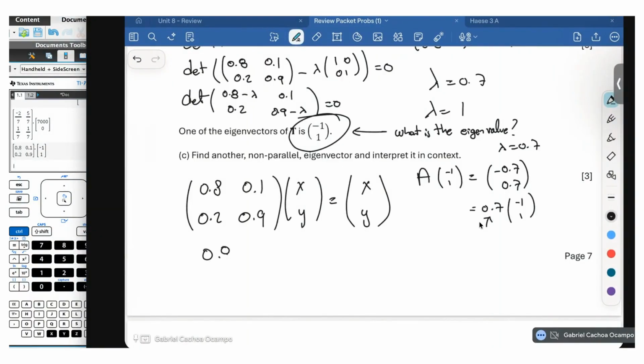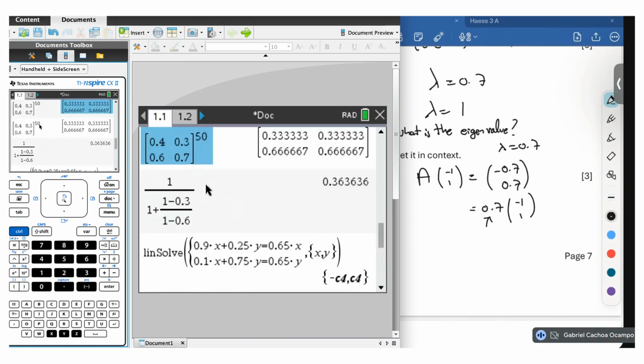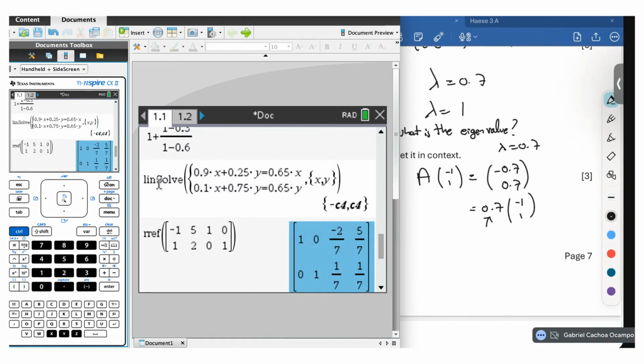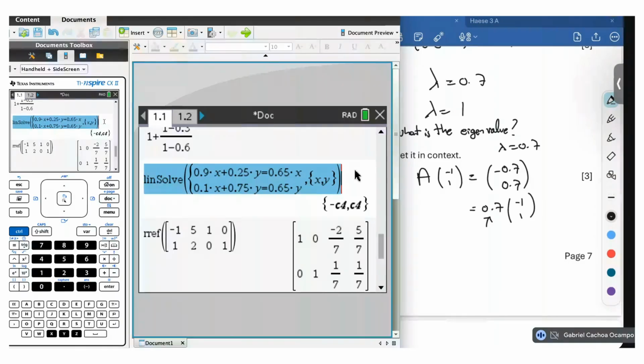So this is the same as 0.8x plus 0.1y equals x, 0.2x plus 0.9y equals y. And because I am very lazy, and I've done this many times, I'm just going to copy this.